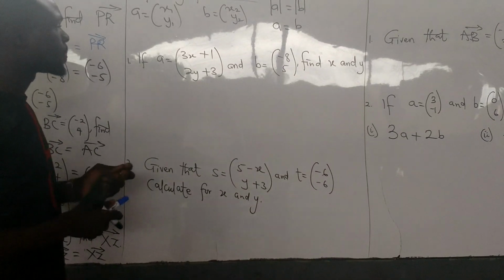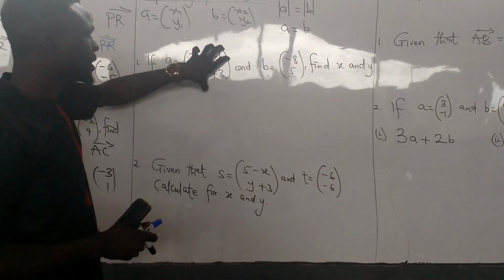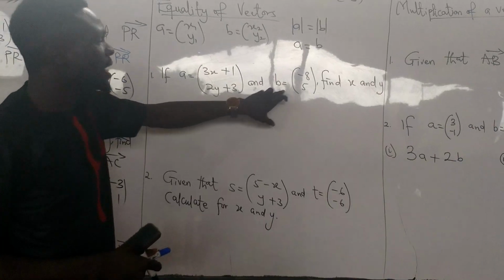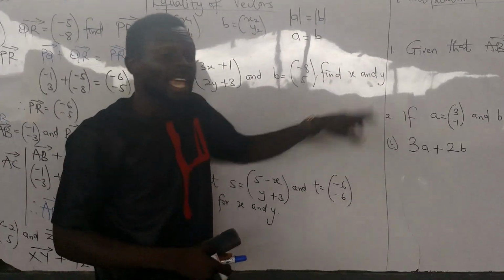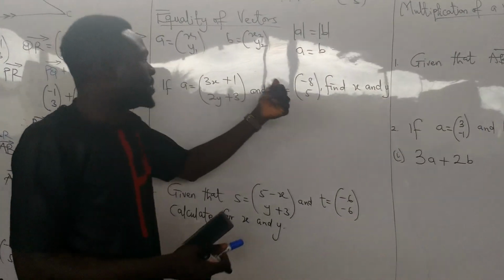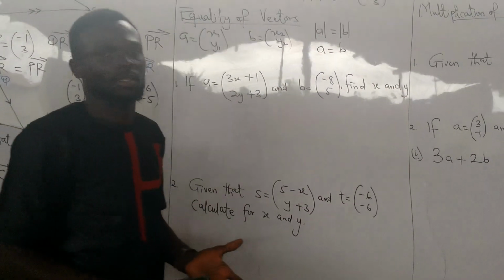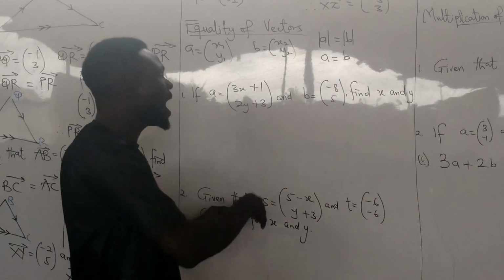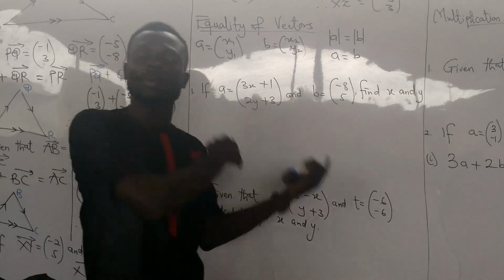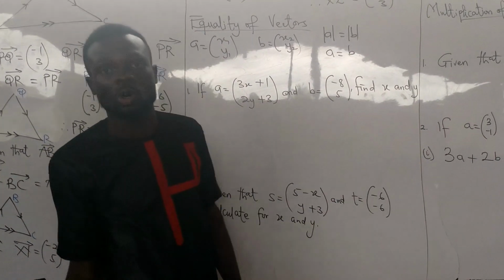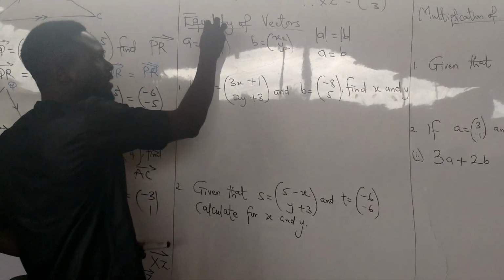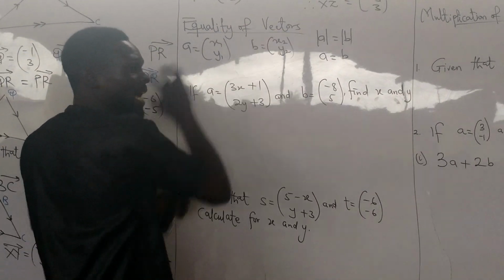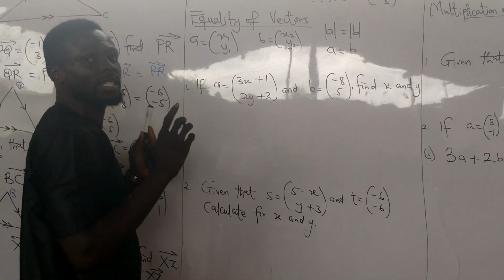So we have here, if A is equal to this and B is equal to this, find x and y, if A and B are equal vectors. How can we solve for x and how can we solve for y? Remember that the x components here are the same because they are equal vectors.